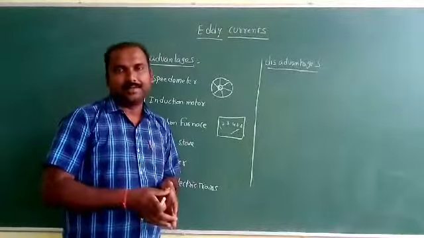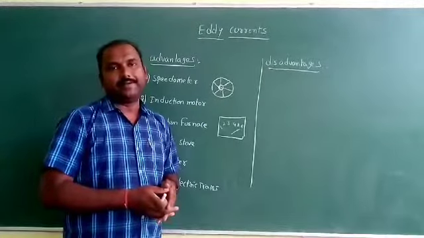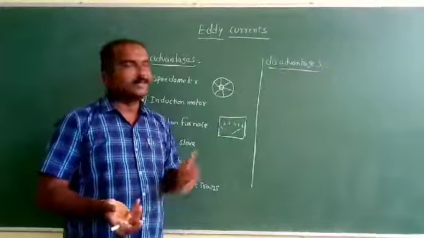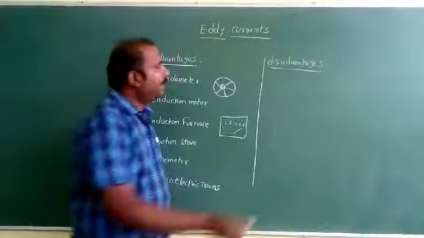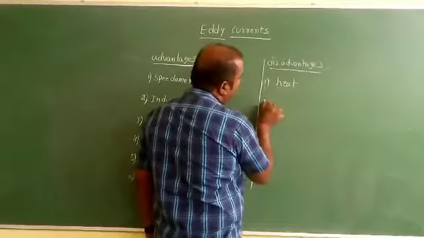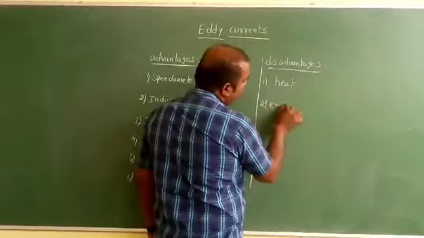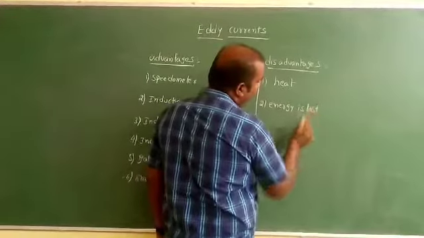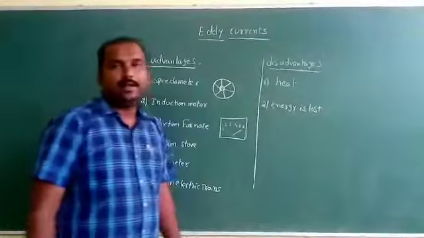So this is an unwanted effect. Sometimes it is useful, but in some areas it is a disadvantage. The disadvantage is mainly that it produces heat, and finally energy is lost in the form of heat. And finally, efficiency is also lost.